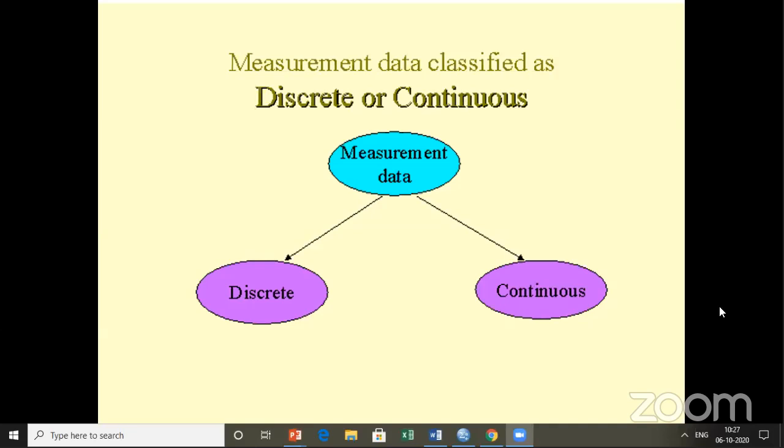Yeah, someone has answered. Yeah, Saumiranjan Bhattacharya: variation of temperature in a day is continuous. Okay. Number of students, age equals continuous, correct? Yeah, correct. Number of students is discrete. Yeah, that's what I said. Number of students is equal to discrete. Amount of money earned today is discrete. Okay. So money earned is discrete.